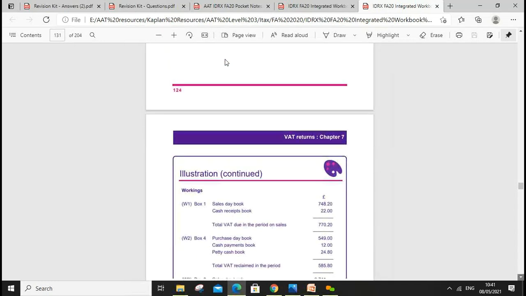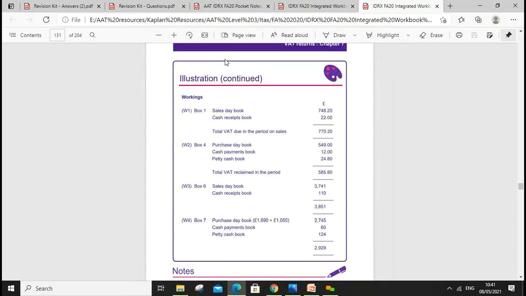So you will see here the working: the sales day book, we have a VAT figure there. We have the cash receipt VAT there. And the total VAT for the period is this. We have purchases, cash payments we made, the VAT we paid on it, and petty cash. Cash payment means you made a cash purchase.